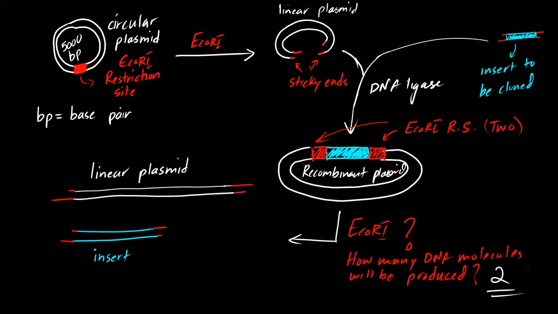Imagine if this one is 5,000 and our insert consists of 1,000 base pairs, what is the size of this recombinant plasmid after the ligation of these two together? 6,000. Yes, you are right. So this recombinant plasmid will contain 6,000 base pairs.